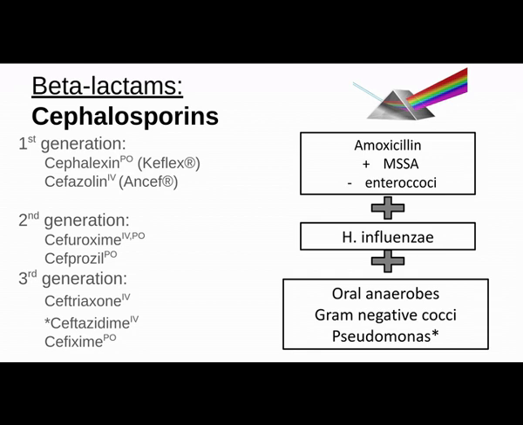Generally, the higher the generation, the higher the gram-negative potency, but it tends to be at the expense of gram-positive coverage. All have gram-positive coverage to some extent, though, and this includes Streptococcus species like Strep pneumo, Group A strep, and covers MSSA. Now, it is worth noting that none of these cephalosporins will cover enterococci.